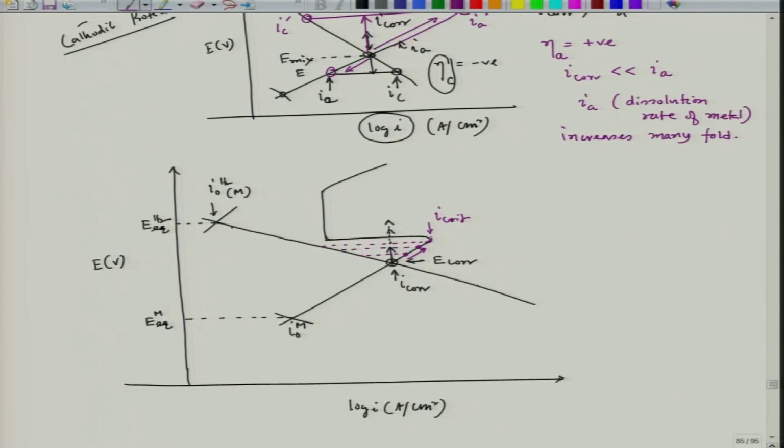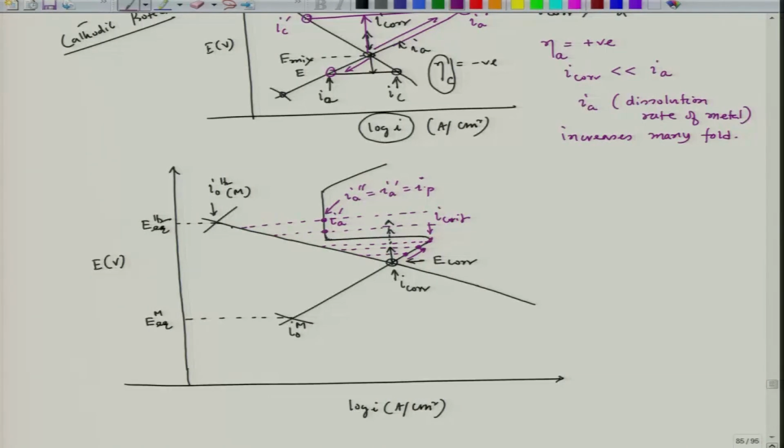And then once I cross this I critical, let us say the potential comes to this location. Now, that time my I A, let us say this is my I A prime, is located in the passive region. And similarly, if I follow that anodic polarization further, I could see that I A is still, this is I A double prime, which is equal to I A prime, equal to I passive.